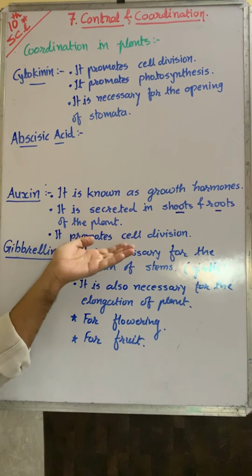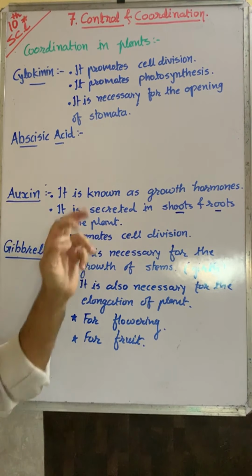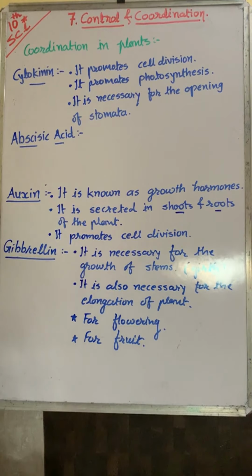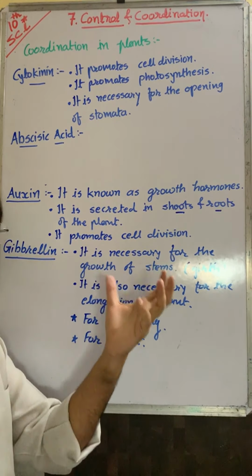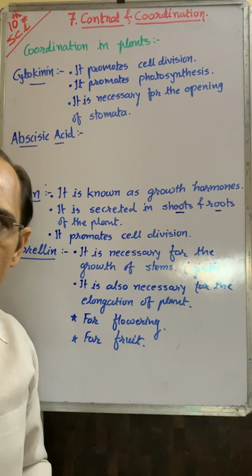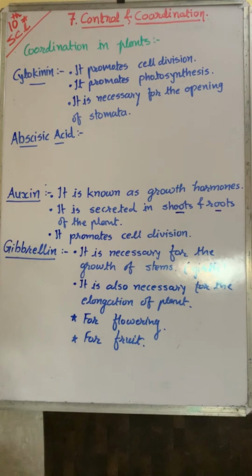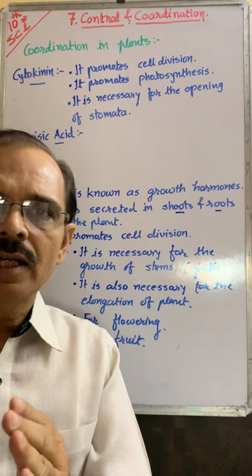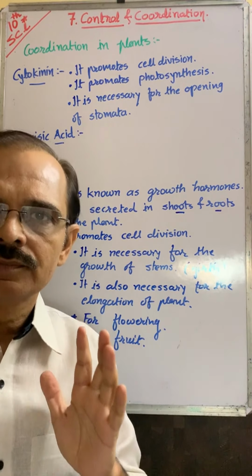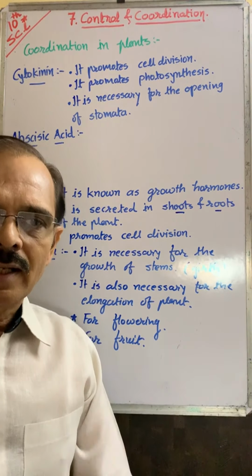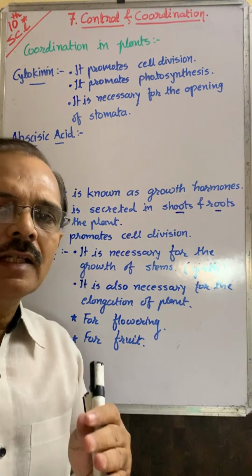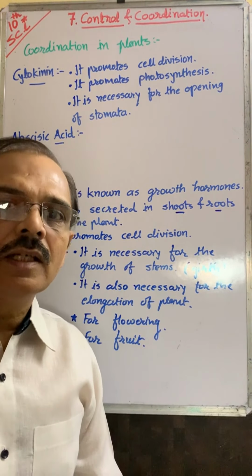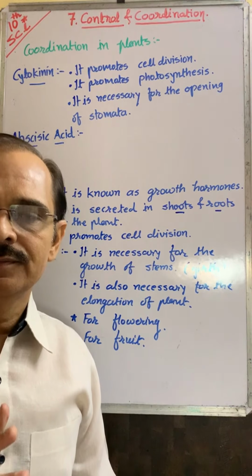Suppose growth starts because of the auxin, because of the cytokinin cell division starts, because of the gibberellin stems also grow, girth also increases. Then abscisic acid tries to restrict the growth, so that rose plant remains rose plant and neem tree becomes neem tree.